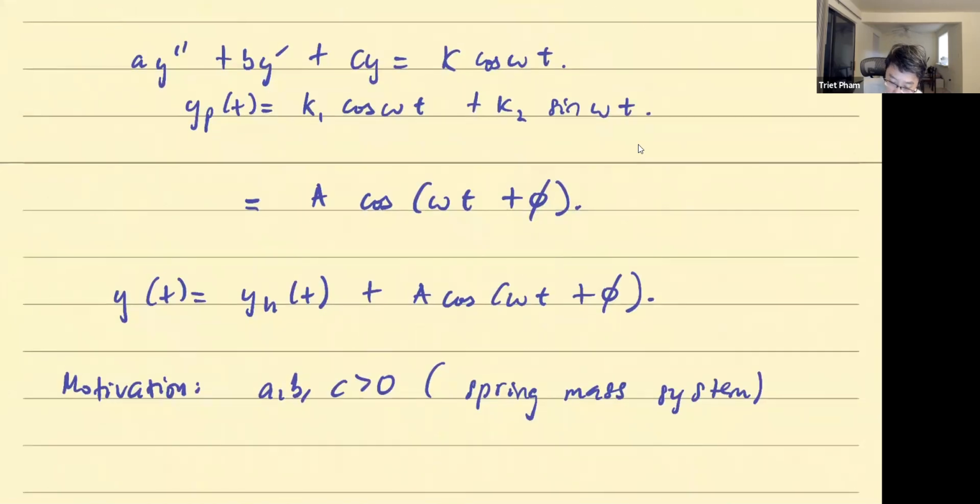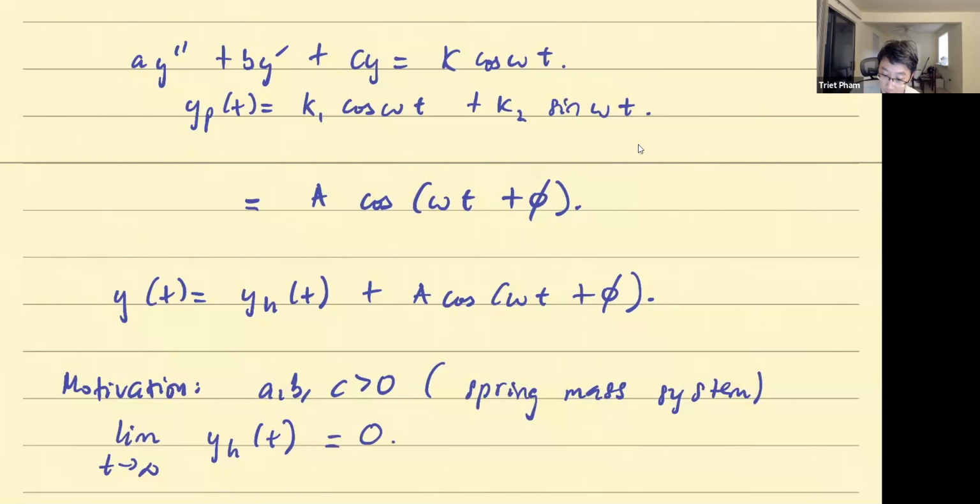Do you remember what happens to the yH when t goes to infinity? In the presence of a damping coefficient, it doesn't matter whichever case it is, underdamping, critical damping, overdamping, the yH always goes to 0.